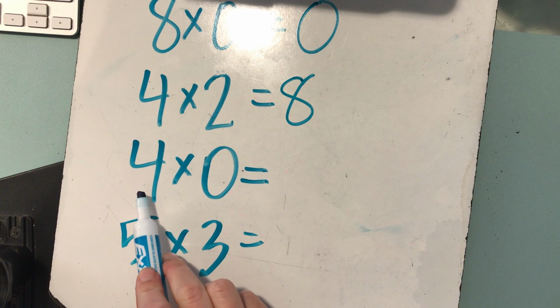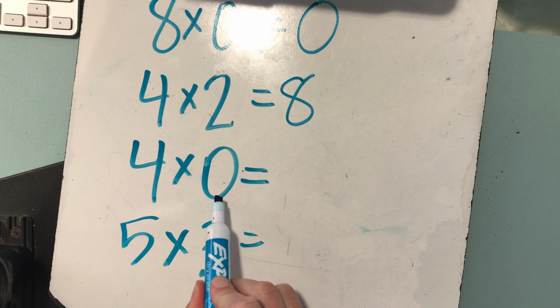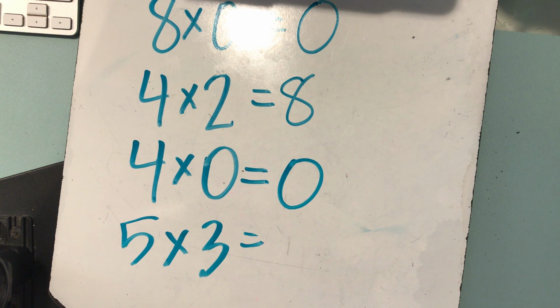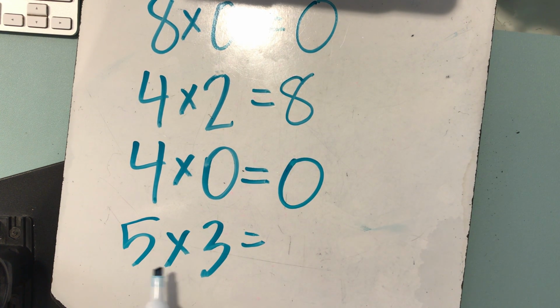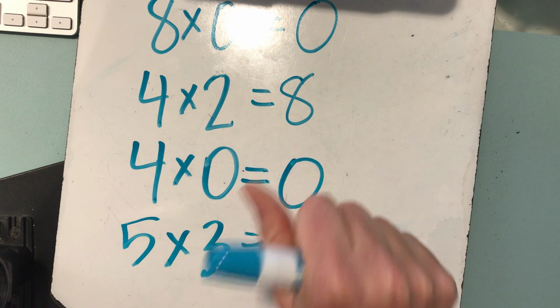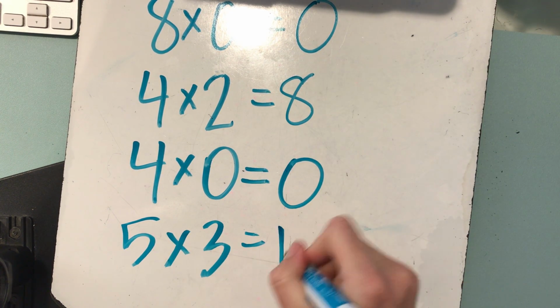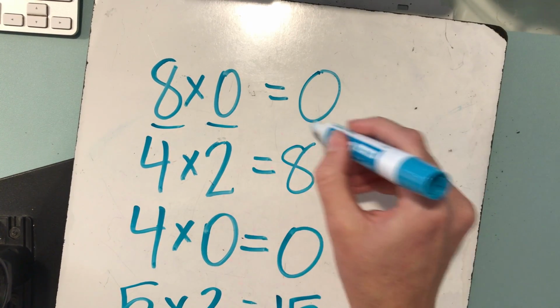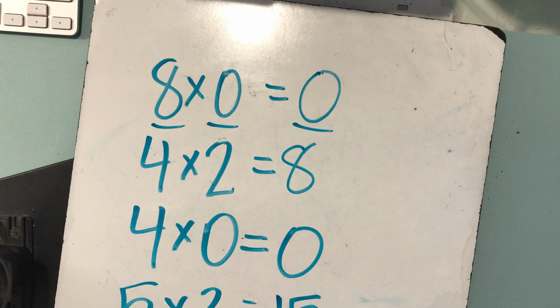Then I have 4 baskets, but I have 0 apples to put in those 4 baskets. That would make it 0. And the last one, if I had 5 baskets and I put 3 apples in each basket, it would be 5, 10, 15. 15. So anytime you multiply by 0, you always get 0.